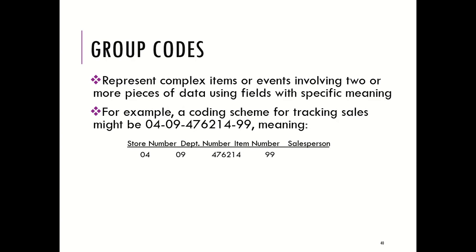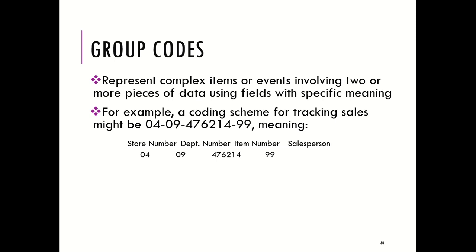Next, we have group codes. So, a group code naman represents complex items or events involving 2 or more pieces of data using fields with specific meaning. Okay, example of this coding scheme is for tracking of sales. Let's say, for example, might be 0409 for blah, blah, blah. Okay, ito na sa screen ninyo.